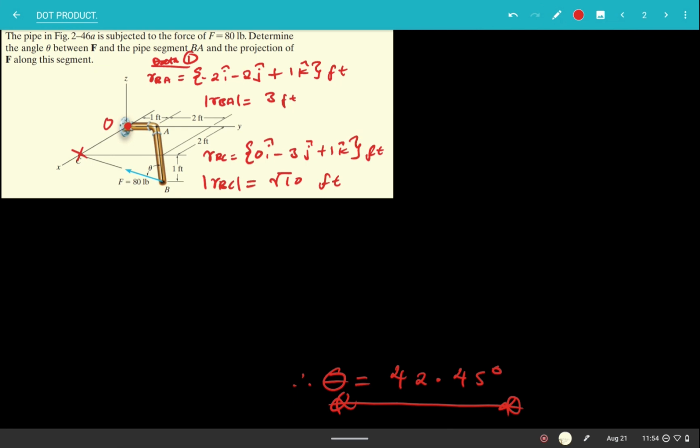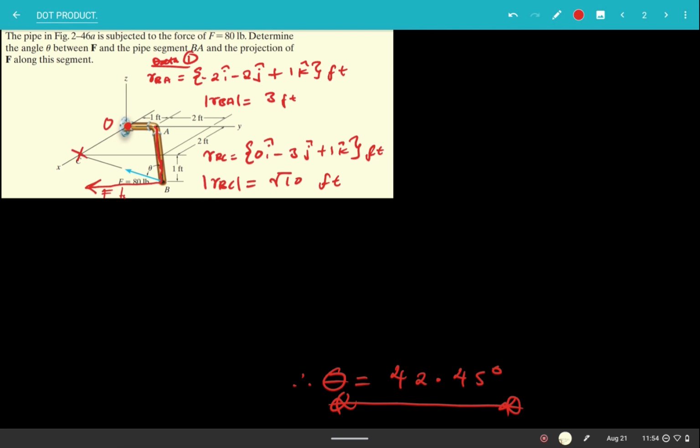We're looking for the projection of the force. This force will have projections that are parallel and perpendicular. So you have the perpendicular component here, I'll draw it just like that, and then the parallel component like that.